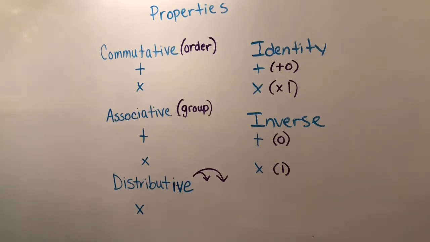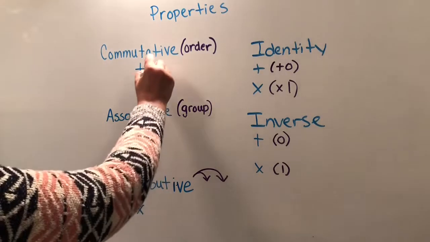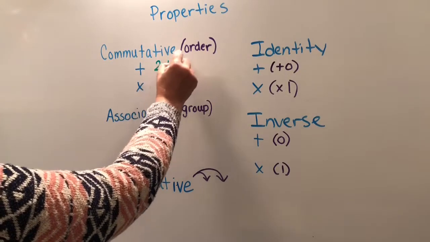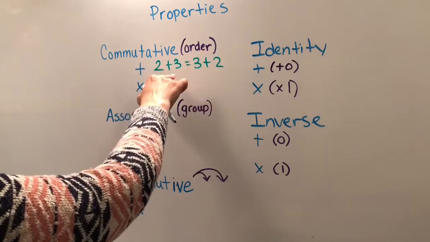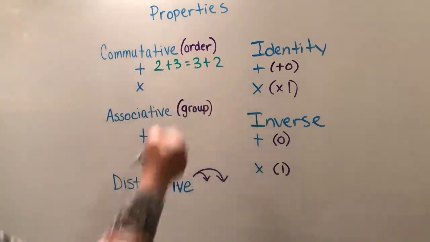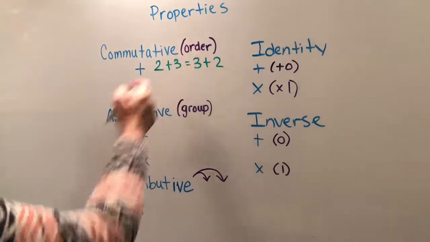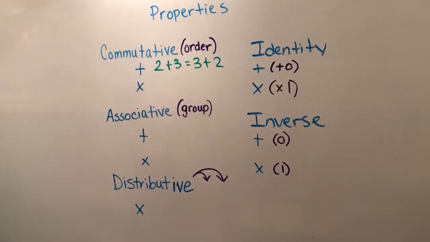The commutative property of addition says that you can change the order that you add numbers without changing the value. So, for example, 2 plus 3 is the same as 3 plus 2. We know that 2 plus 3 is 5 and 3 plus 2 is 5. The order does not change the value.